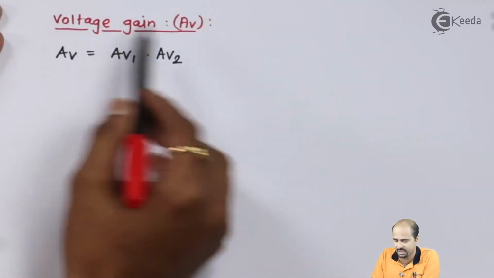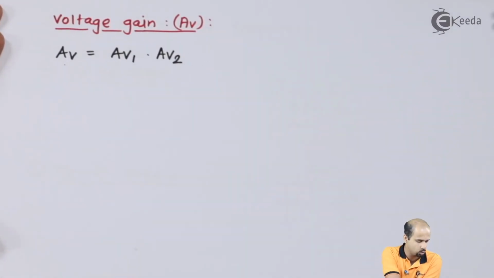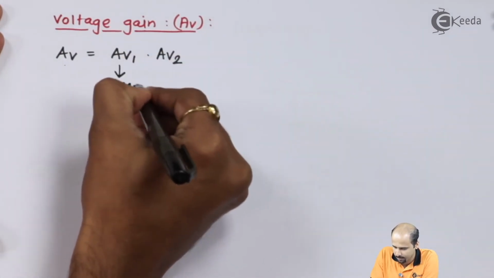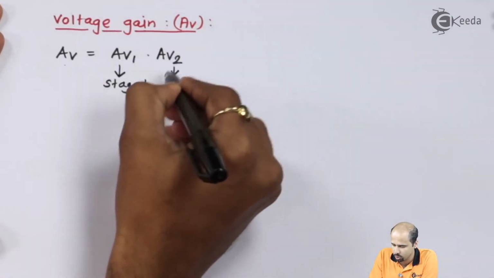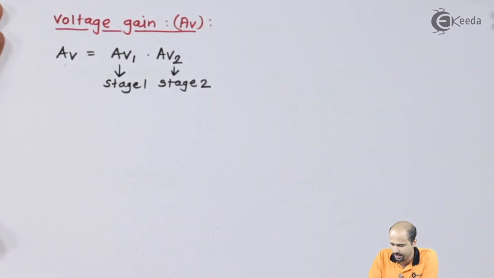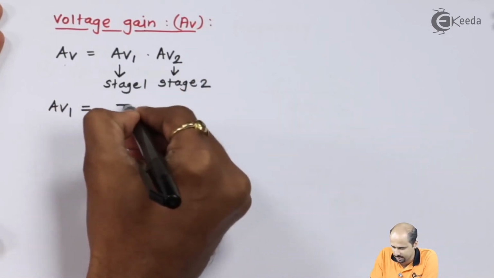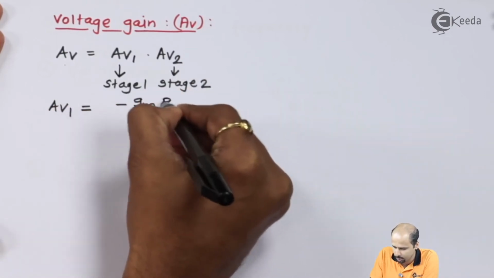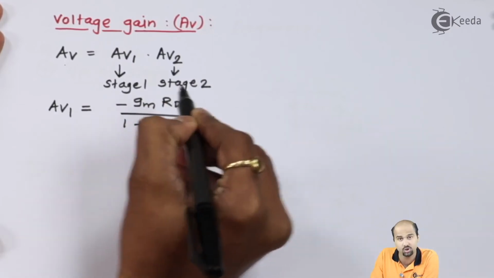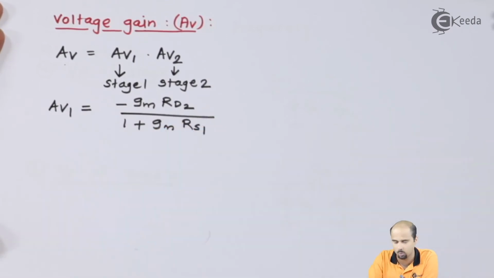As far as voltage gain is concerned, AV is equal to AV1 into AV2. AV1 is for stage number 1, and AV2 is for stage number 2. So let's calculate the value of AV1. First of all, AV1 is nothing but minus of GM into RD2 divided by 1 plus GM into RS1.